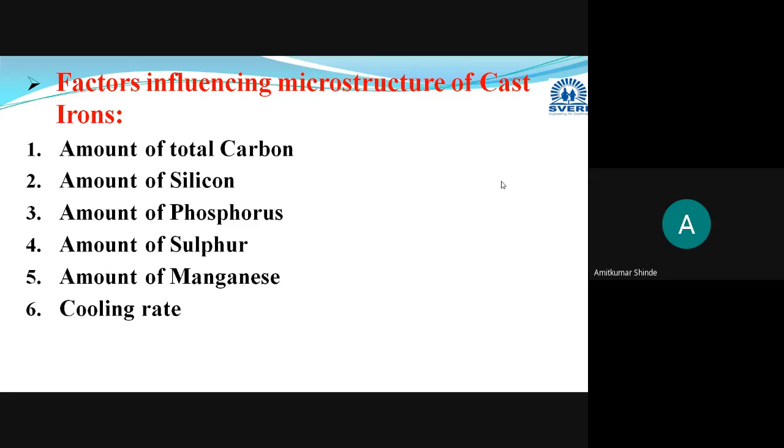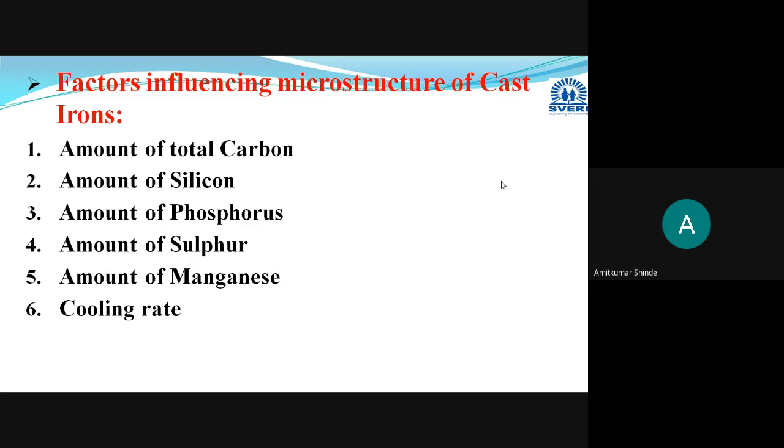Carbon, silicon, and phosphorus, they will act as the graphitizer. They will increase the graphitization process, means they will increase the formation of graphite. Means they will try to separate the carbon in the form of graphite, and it will result in the formation of gray cast iron.